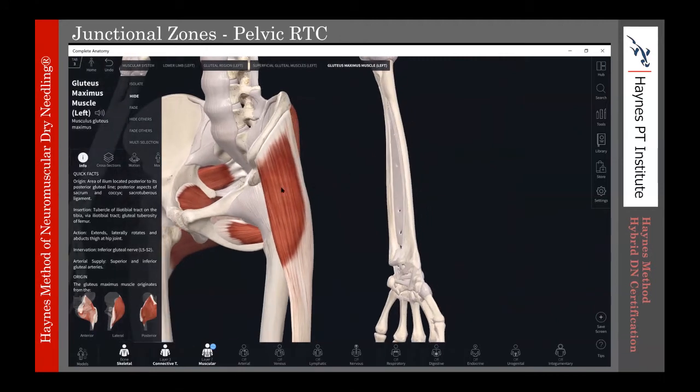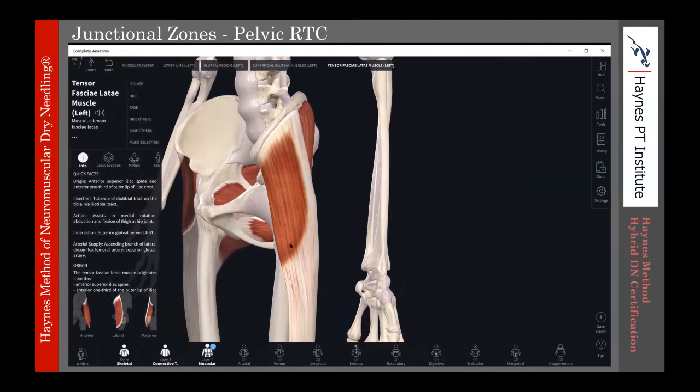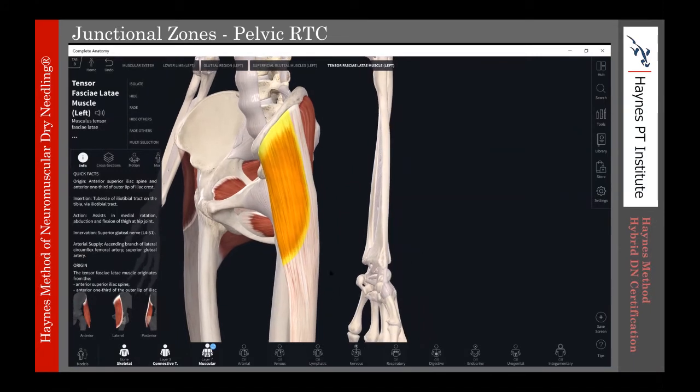Let's talk about TFL and the IT band. The tensor fascia lata, the origin is the anterior superior iliac spine and the anterior one third of the outer lip of the iliac crest. It inserts into the tubercle of the iliotibial tract on the tibia via the iliotibial tract.